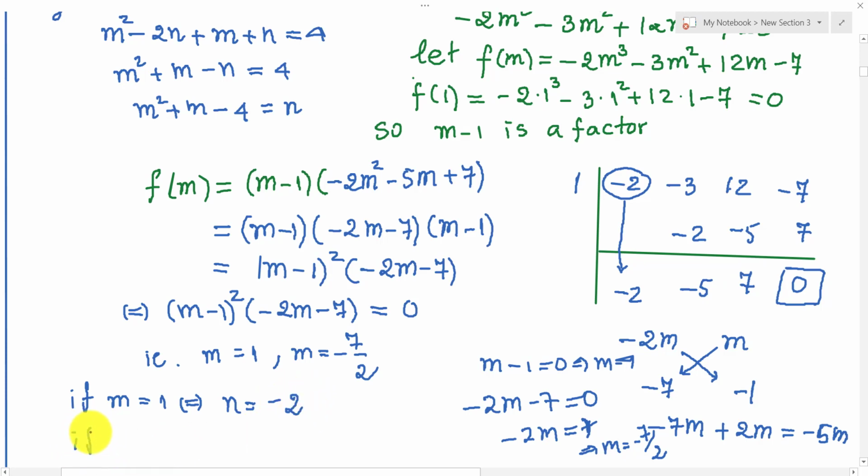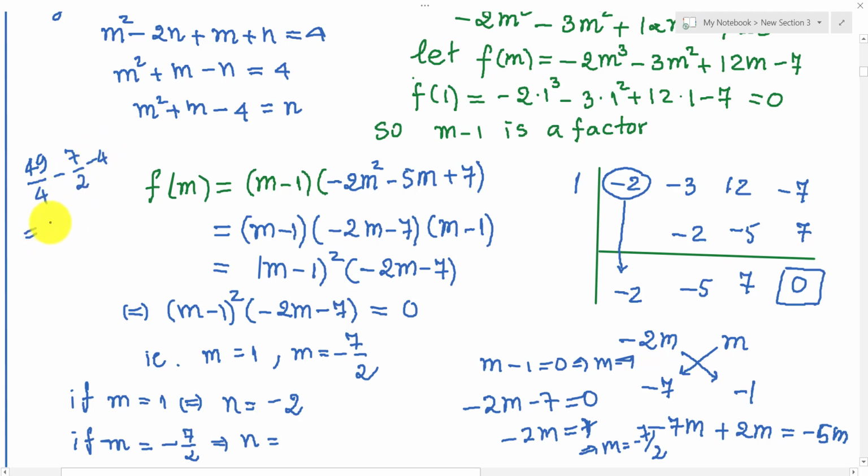And if m equal minus 7 over 2, we get n equal this minus 7 over 2 square, we get 49 over 4, and plus minus 7 over 2 and minus 4.